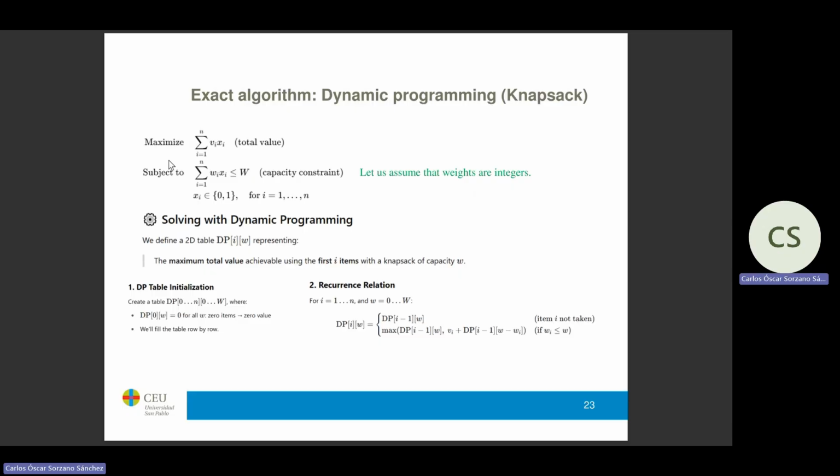Let's formulate the problem first. We want to maximize the total value, that is this thing: the value times whether we take the element or not, subject to the capacity. And let us assume that the weights are integers, otherwise we cannot use dynamic programming. So we will construct a table.